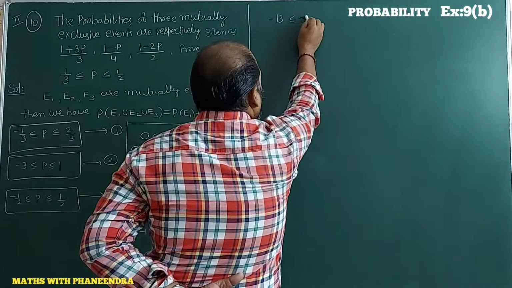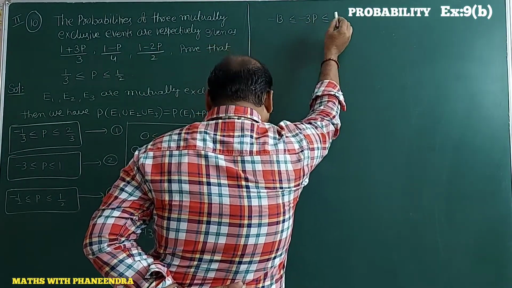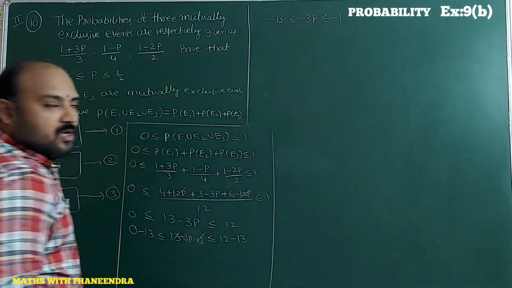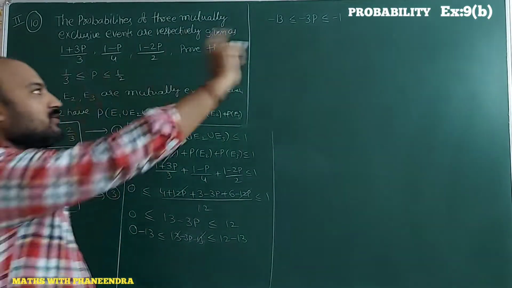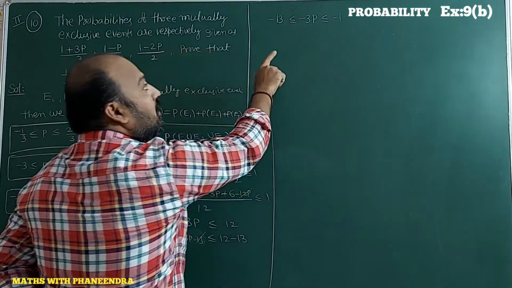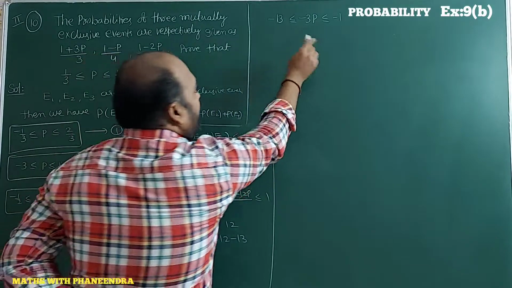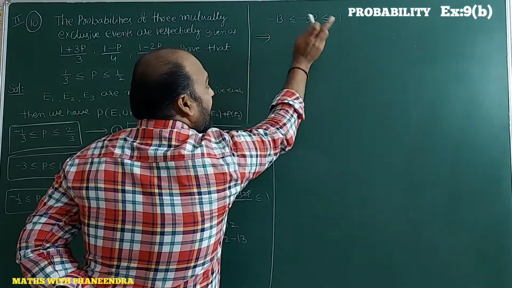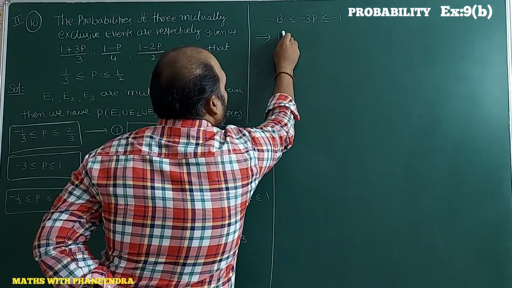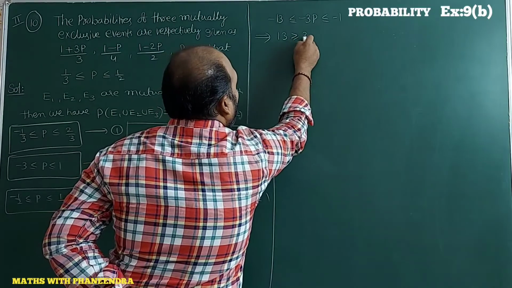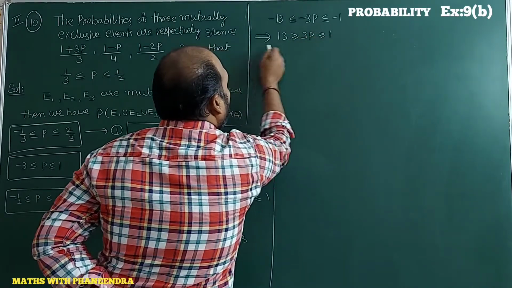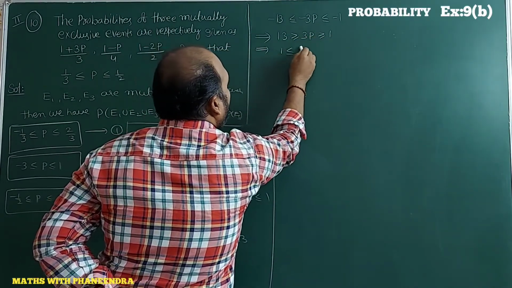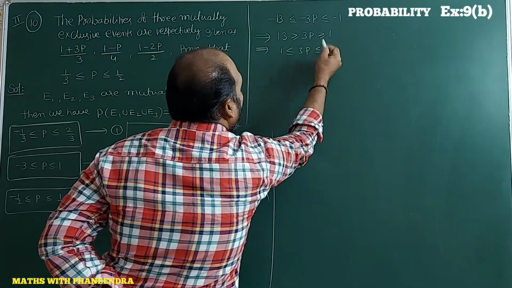Minus 3p is less than or equal to 12 minus 13, which is minus 1. But we want only one probability, so to get the p, before that, if you eliminate the minus, the inequality will change. So 13 is greater than or equal to 3p is greater than or equal to 1. You write that in reverse: 1 is less than or equal to 3p is less than or equal to 13.